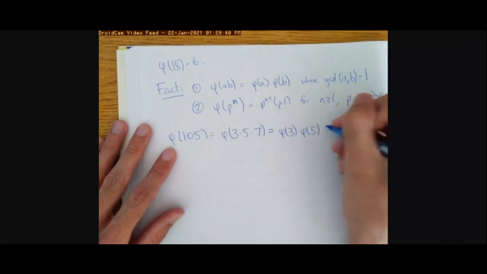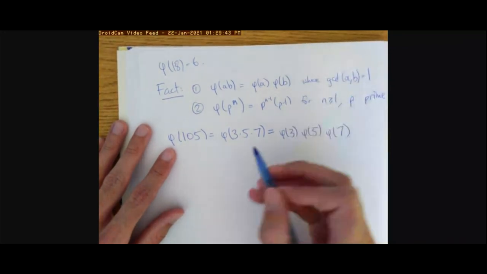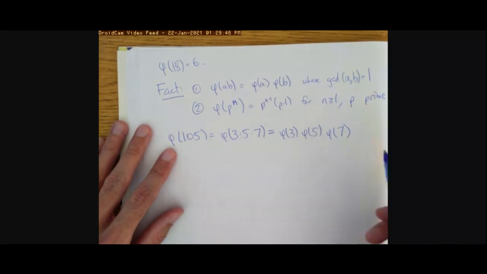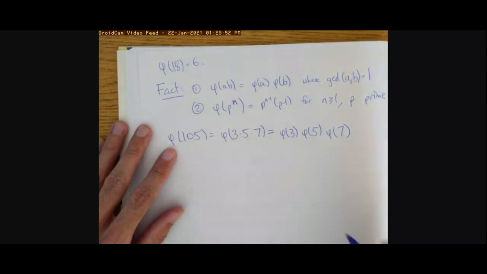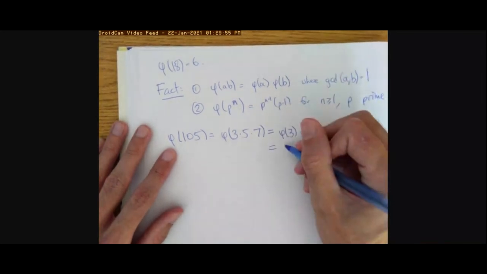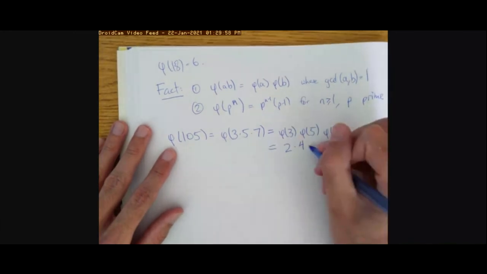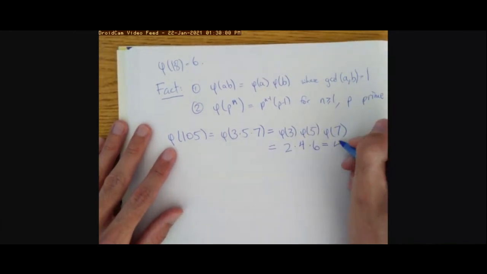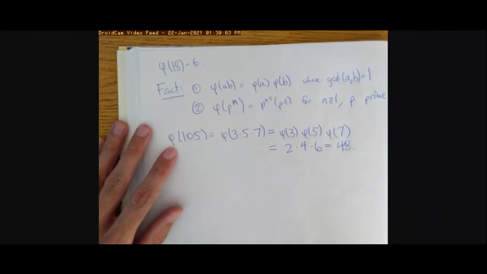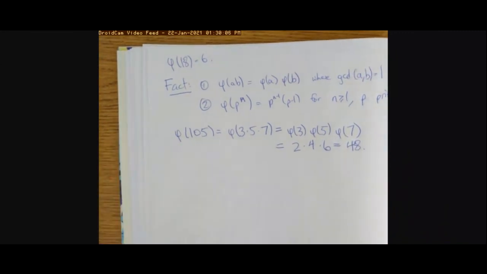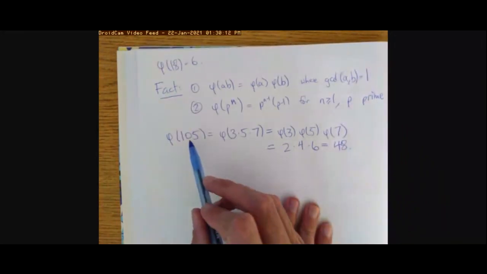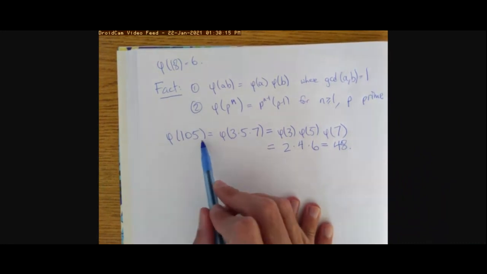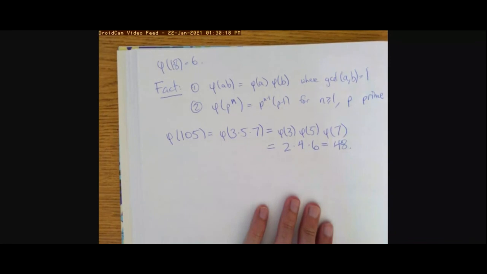That's just phi of 3, phi of 5, phi of 7, because 3 and 35 have no factors in common, and 5 and 7 have no factors in common. And then I apply this formula. We get 2 times 4 times 6. We get 48. That means that if you were to write down all the integers between 1 and 105 that share no common factors with 105, you would find 48 of them.